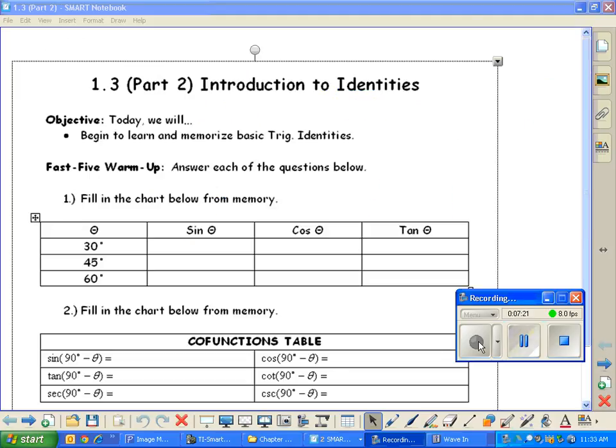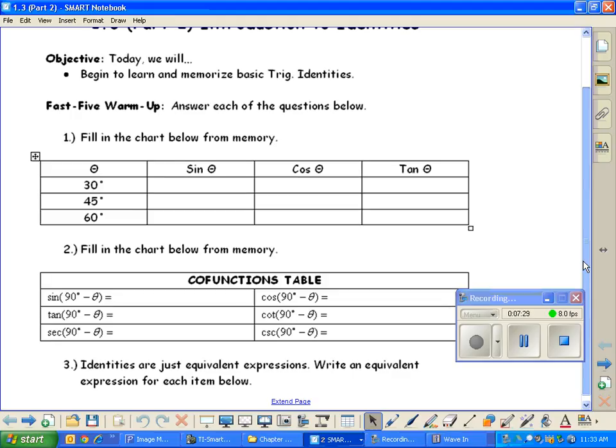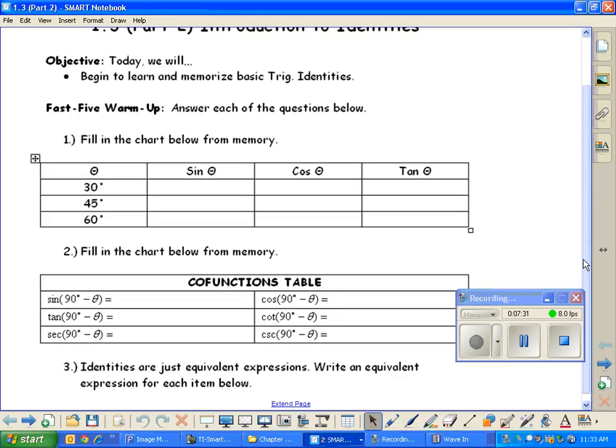All right, we are on 1.3 part 2, switching over from our homework. We took a little break to 1.3 part 2. Today we are going to learn about memorizing and understanding the development of basic trig identities. Just kind of establishing them.